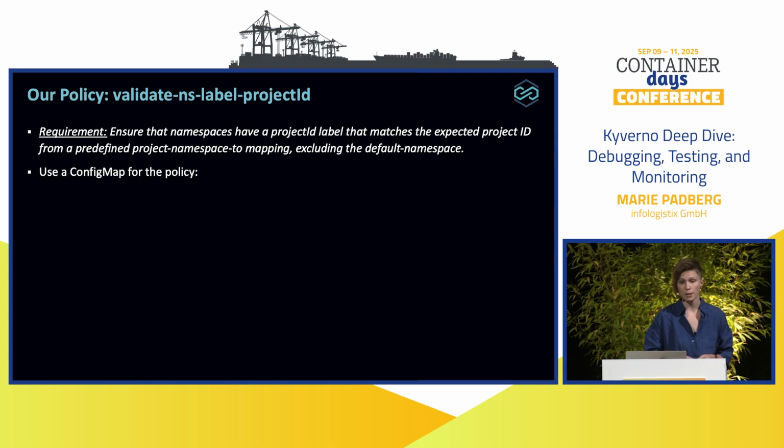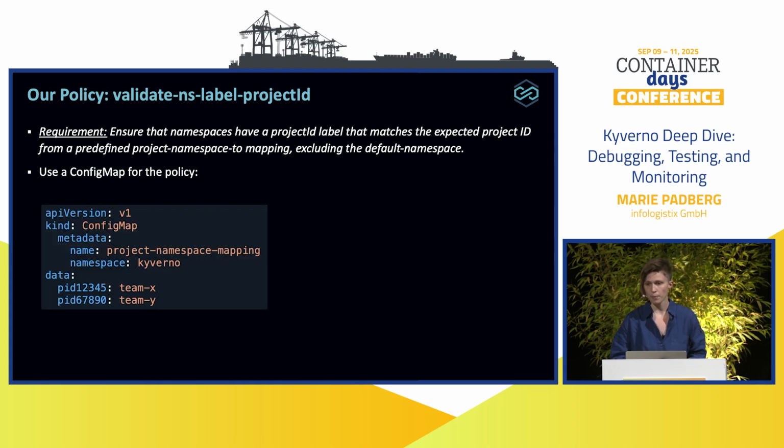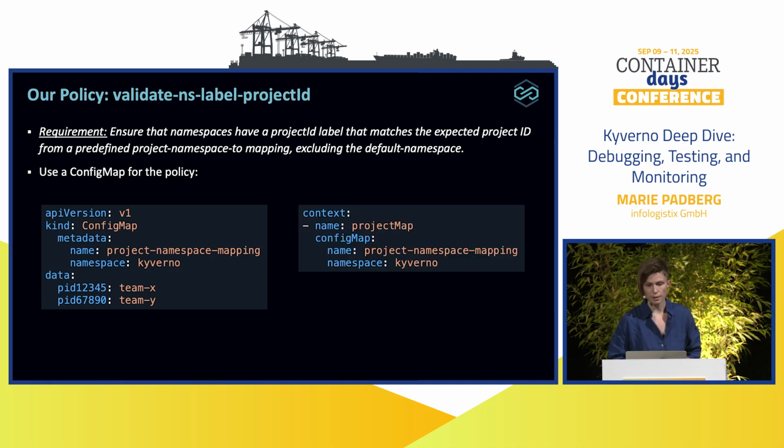Back to our policy that we want to implement, we have a config map that contains our project-to-namespace mapping, and you see in data we have a PID 12345 with the value teamx, and the same for teamy. That is the one we want to include in our policy, and this is the context block we should include in our policy. We define the variable projectmap, and then we load into it the config map from the left side with the name project-namespace-mapping.